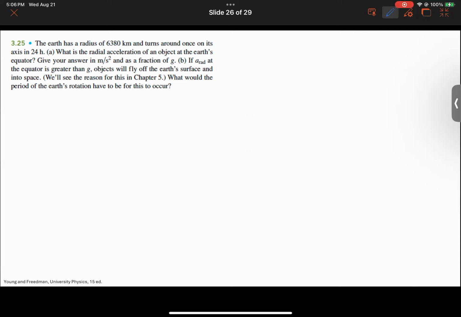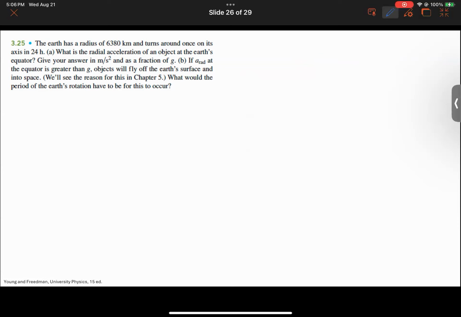Give your answer in meters per second squared and as a fraction of g. If the radial acceleration at the equator is greater than g, objects will fly off the Earth's surface and into space. What will the period of the Earth's rotation have to be for this to occur?